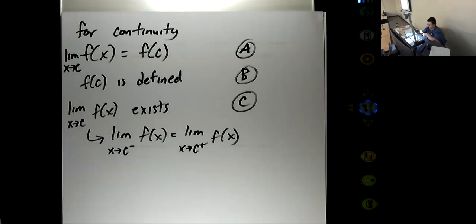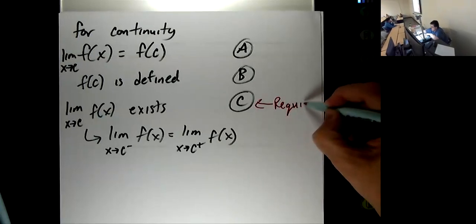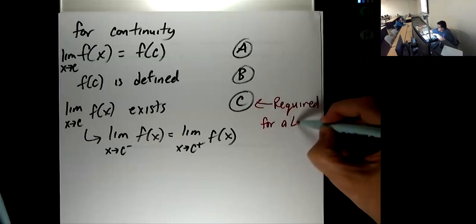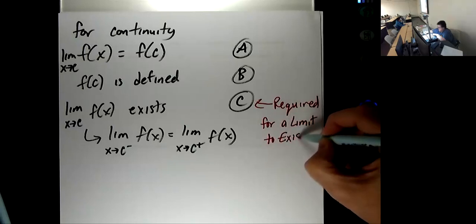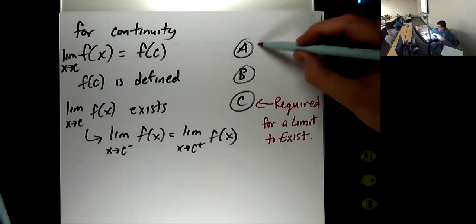So let's label them real quick. This one is required for a limit to exist. These two kind of make it continuous.